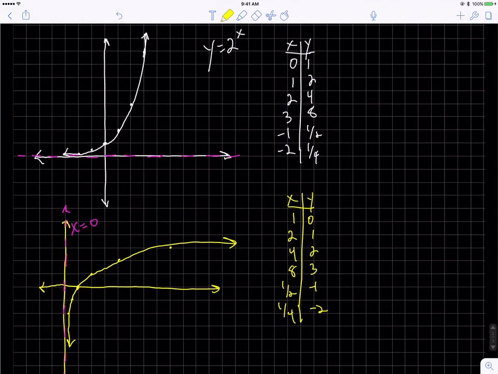If I plot that on the same set of axes, I'll put its vertical asymptote in green.